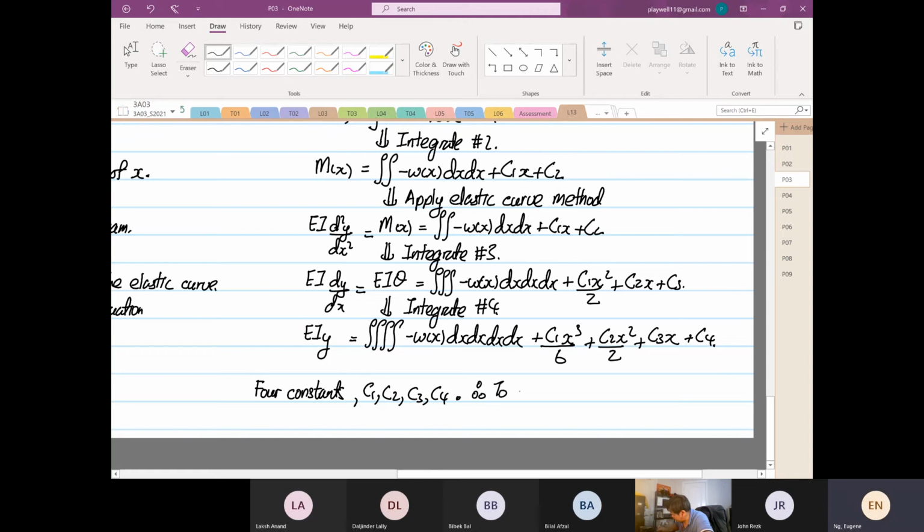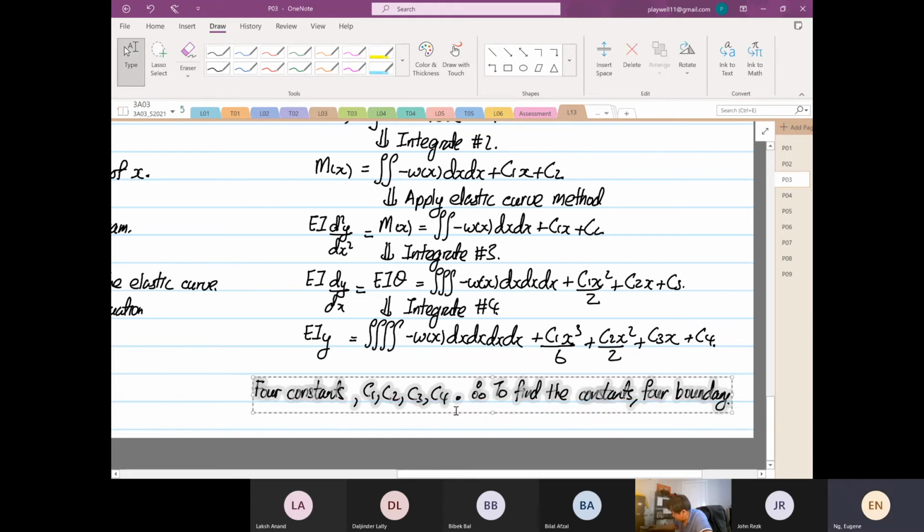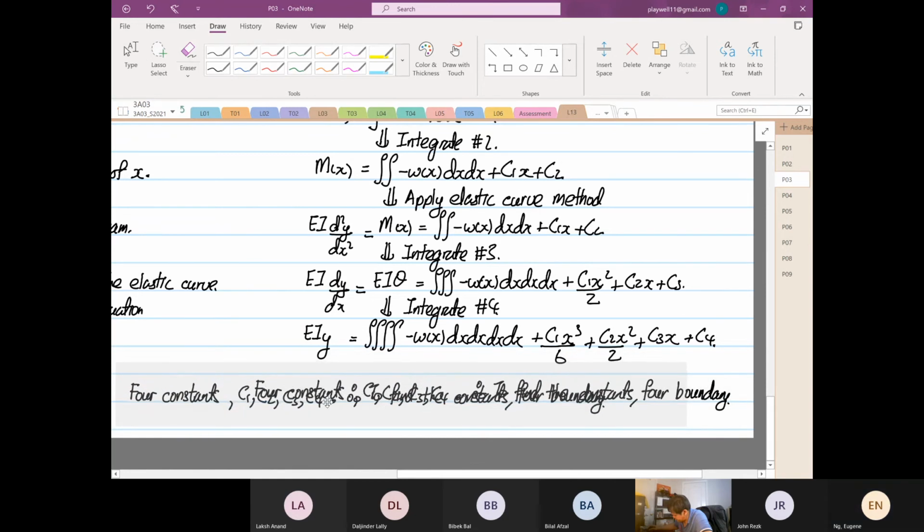to find the constants, right, for boundary conditions, for boundary conditions, 4 must be known.